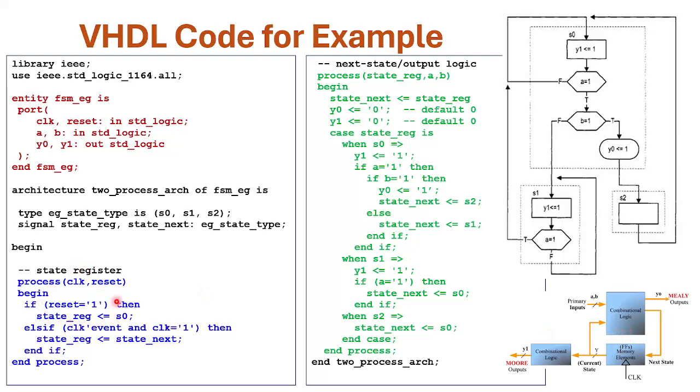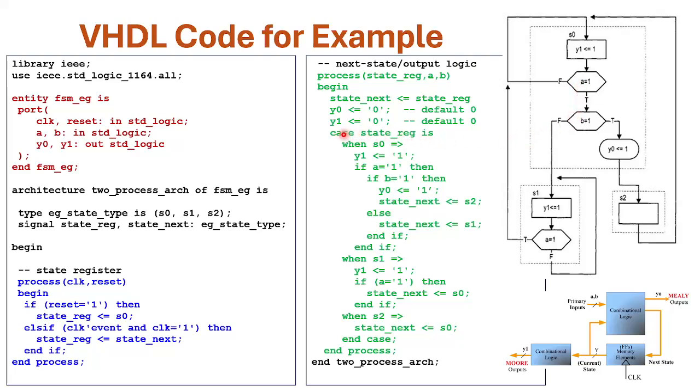We have a first process that captures the behavior, the functionality of the memory elements, the flip-flops that store and encode the current state, and a second process in this architecture for this sequential circuit that captures the behavior of the two combinational logic circuits that generate the Mealy and Moore outputs. And writing this off the ASM chart is very easy.